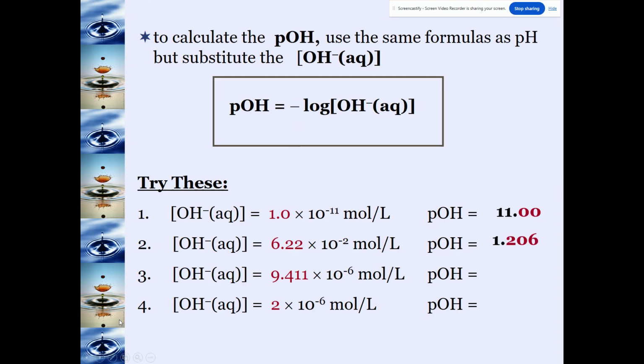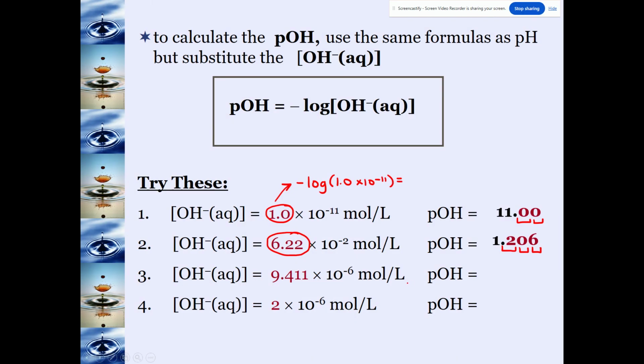Oh yeah, it was right, 1.206. So there is my 3 decimal places to match with my 3 total digits. So again, what we're putting in our calculator, for example the first one, is the negative button, log button, 1.0 times 10 to the negative 11, and then hit enter.